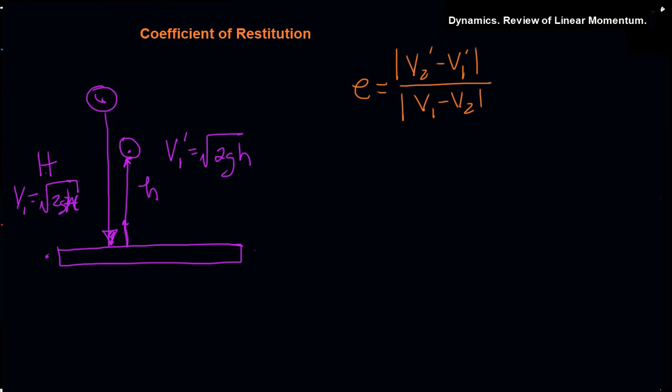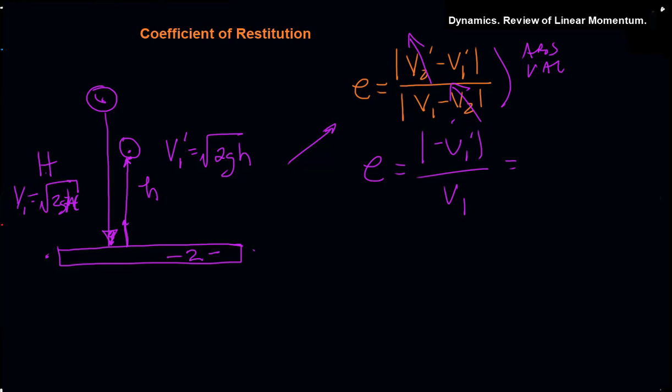And for object 2, we'll call the plate 2. If we plug that information into our coefficient equation, the plate doesn't move before or after the event. So we get that the coefficient is negative v1 prime over v1, and these are done as absolute values.